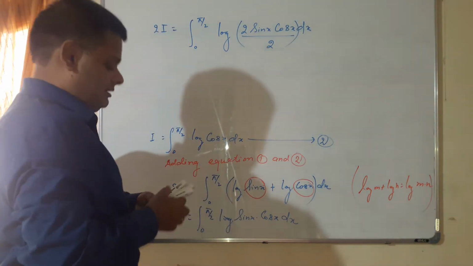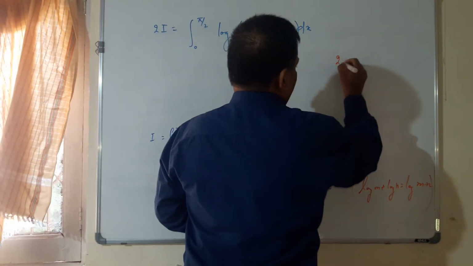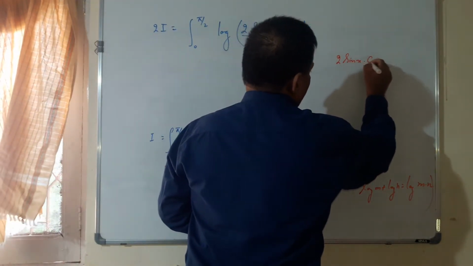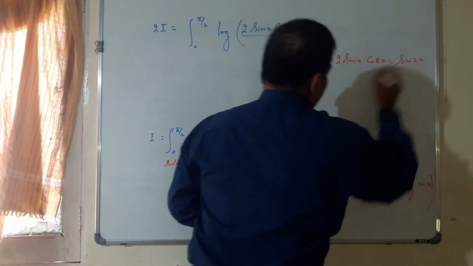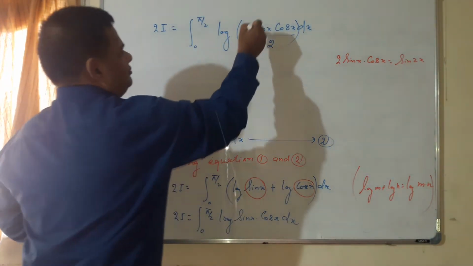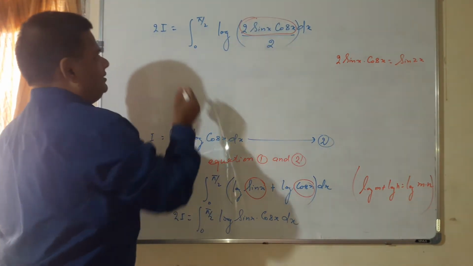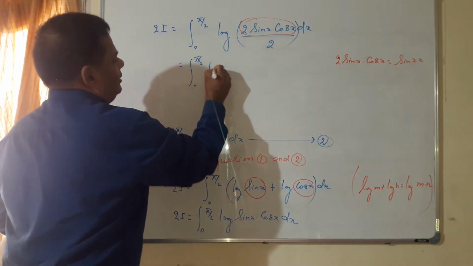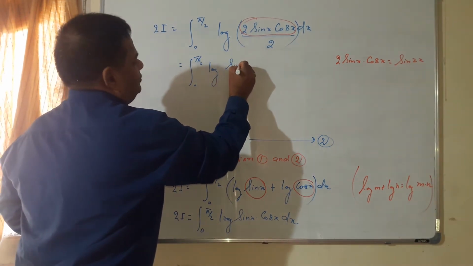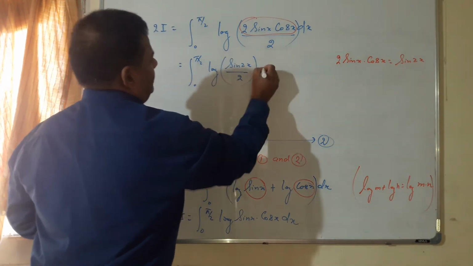So we know that 2 sin x into cos x is equal to sin 2x. So I am writing here integral 0 to pi by 2 of log of sin 2x by 2 dx.